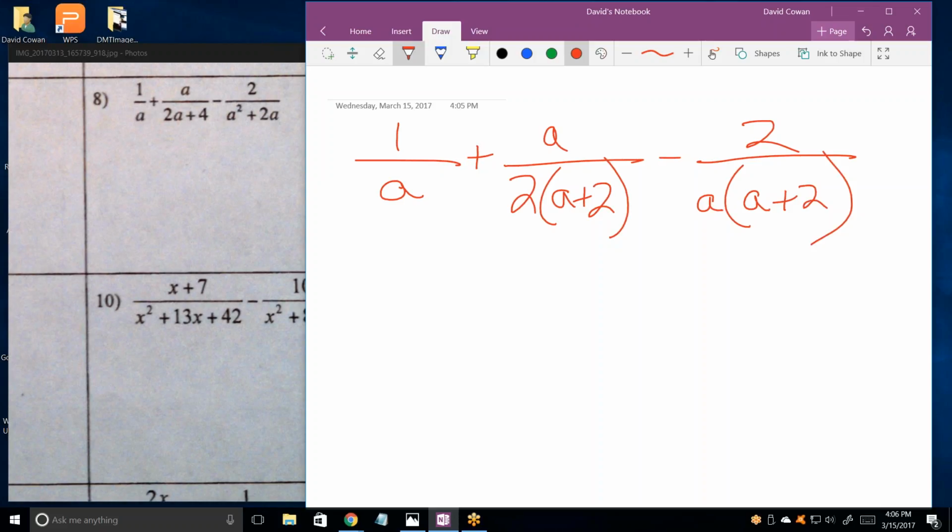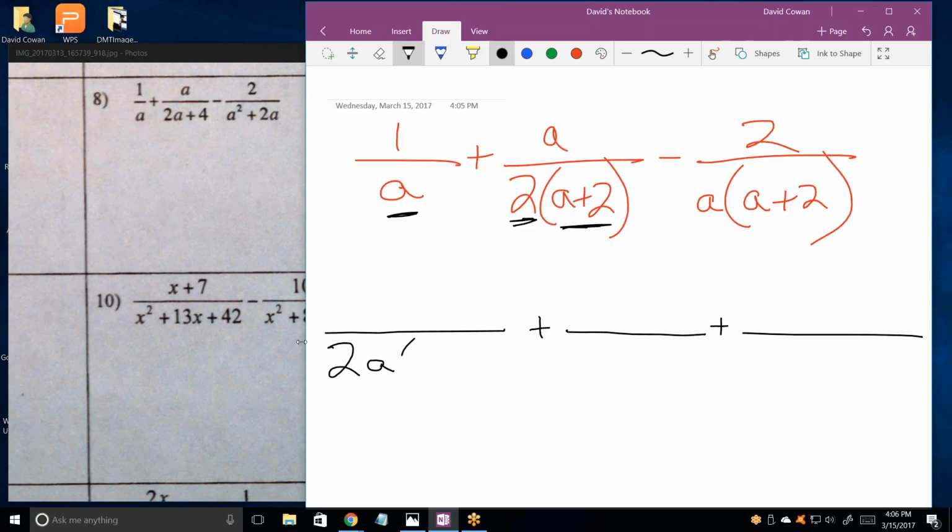Now, tell me what the least common denominator is going to be. Would it be a plus 2 or a? Well, I need a 2, I need an a plus 2, and I need an a. So I'm going to say 2a times a plus 2.